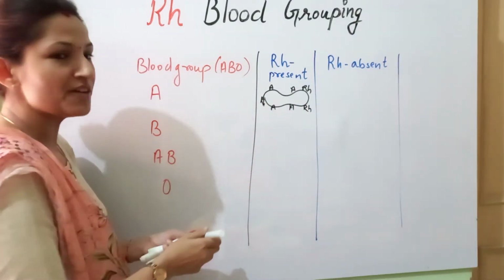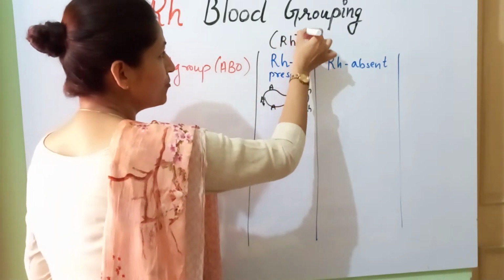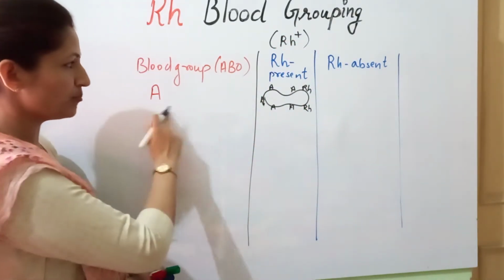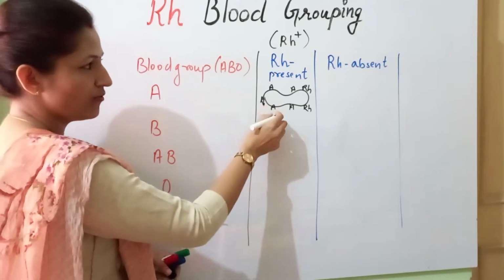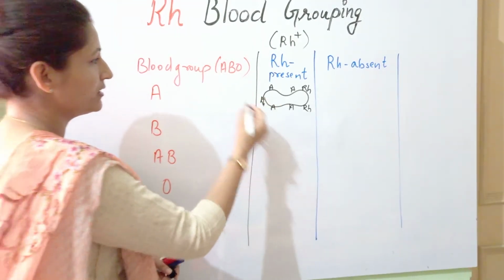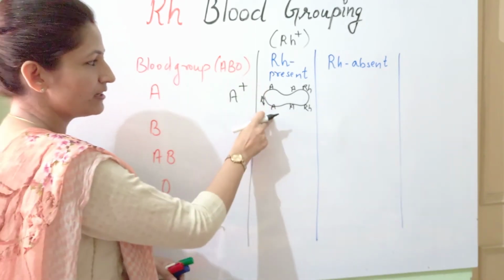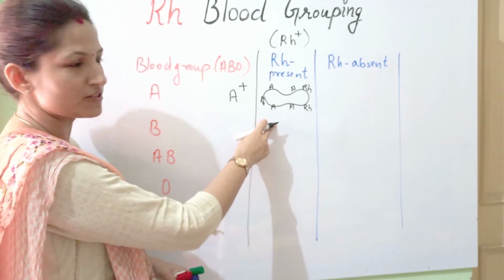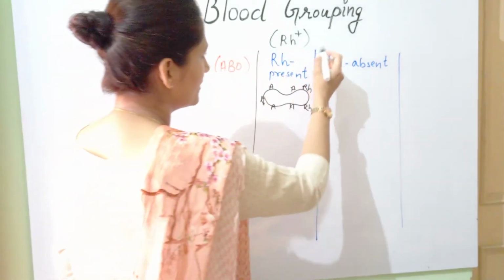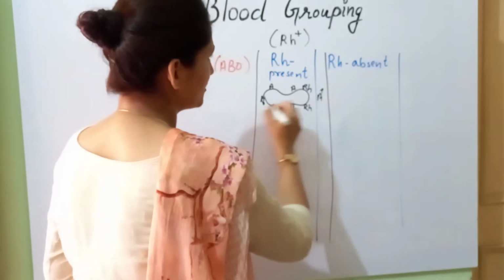Got it? This type of person is Rh positive. What will be the blood group of this person? A positive. Got it? This person has A positive blood group. We'll just write it over here.